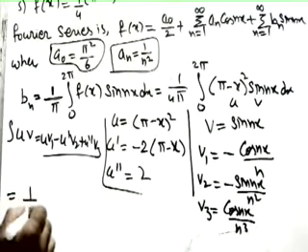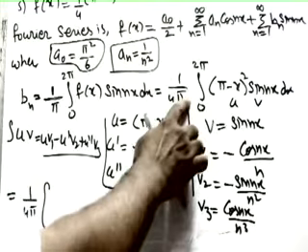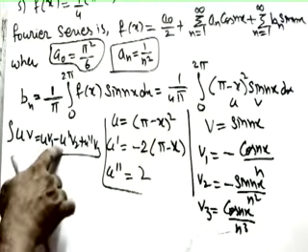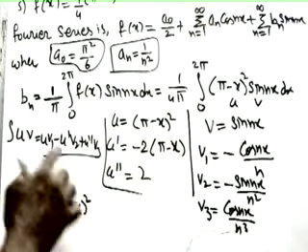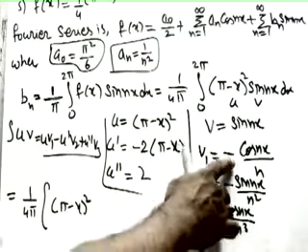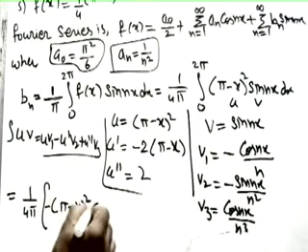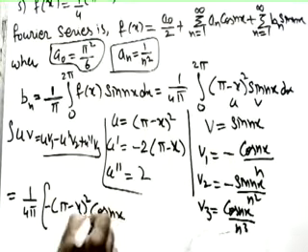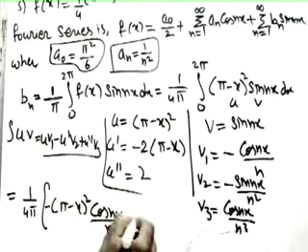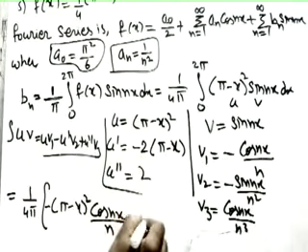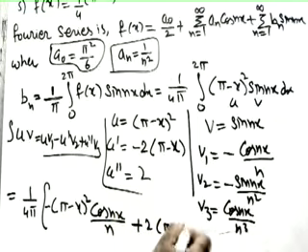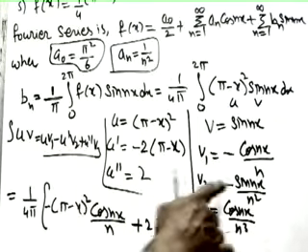Now let me substitute here. Outside we have 1 by 4 pi. This formula is u v1. U is pi minus x whole square. U into v1 is this one, so minus cos nx by n. Minus u dash: u dash is this one, again minus 1, plus 2 into pi minus x into v2.